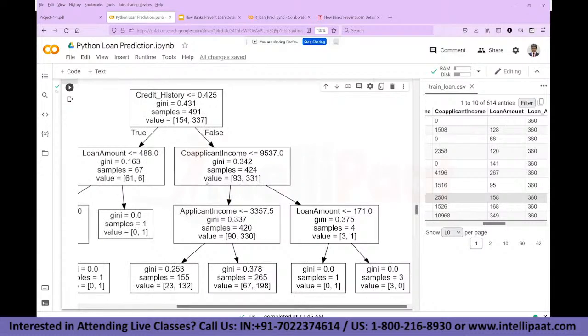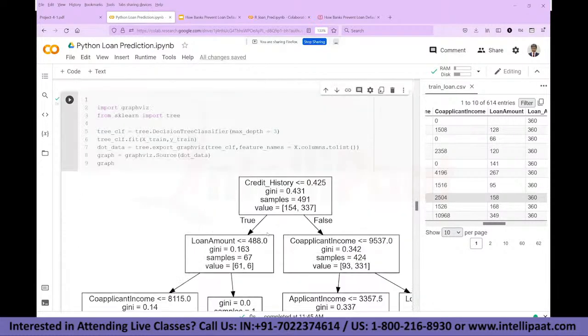So technically, it tries to decide based on the Gini index. There's something called entropy and Gini index in decision trees. Gini impurity is calculated by subtracting the sum of the squared probabilities of each class from 1.